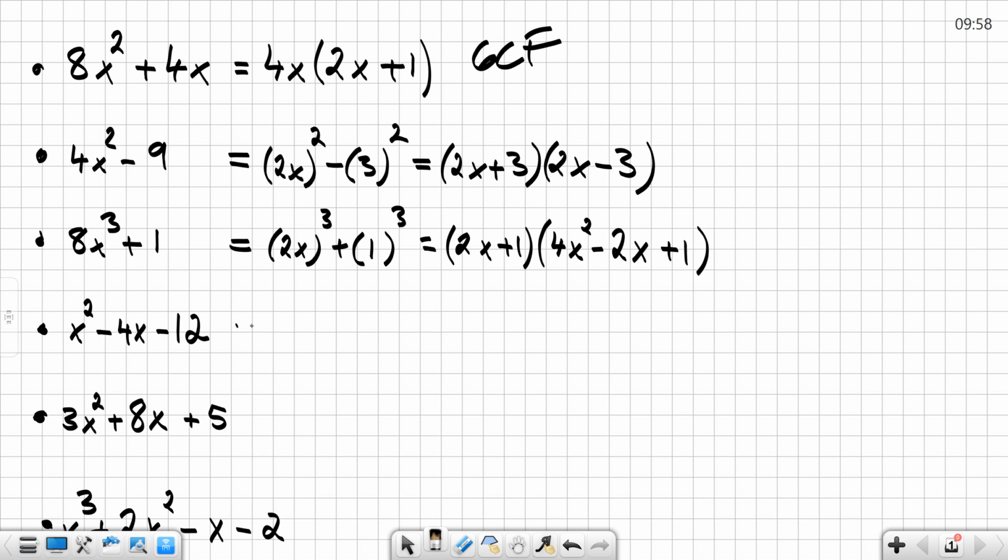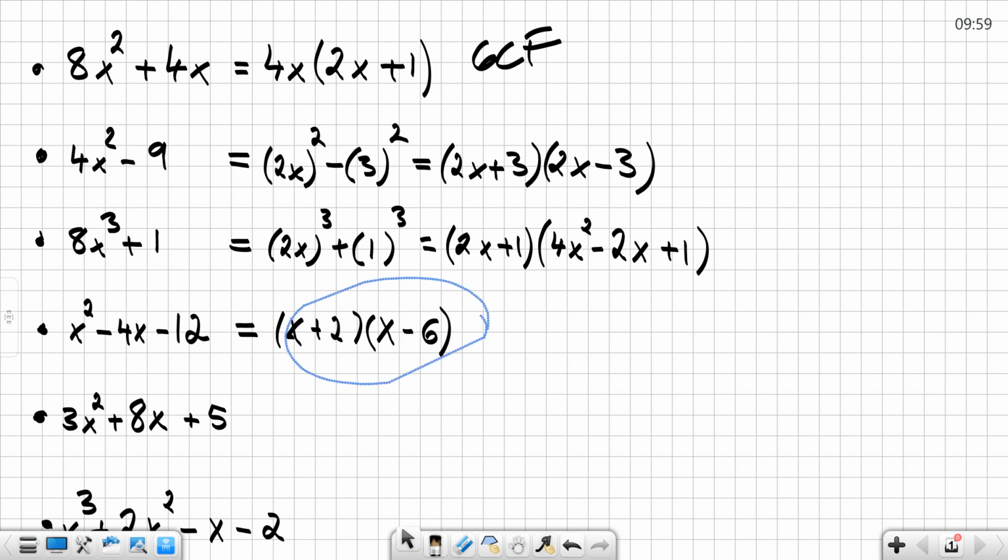All right, now this example down here, there are 3 terms. The leading coefficient is 1 in front of here, 1 times x squared. So I'm looking for 2 numbers whose product is negative 12, but whose sum is negative 4. And these 2 numbers are positive 2 and negative 6.